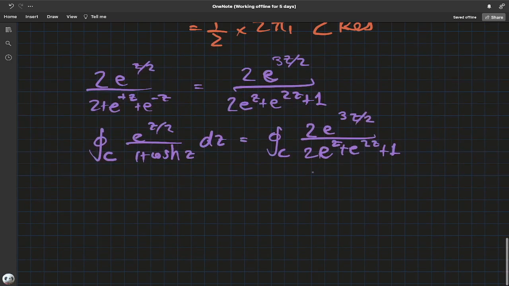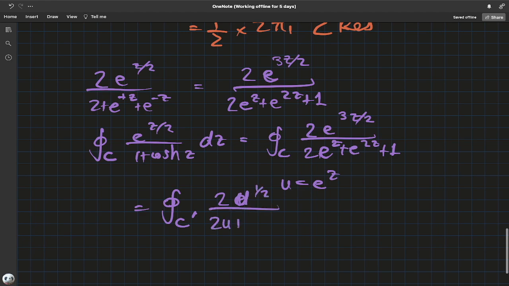If I do a substitution where I set u to be e raised to z, I'll have this same thing. Our contour will be a little different. Call it c prime. We have 2 u raised to 1/2 divided by 2u plus u squared plus 1. So we have a quadratic.